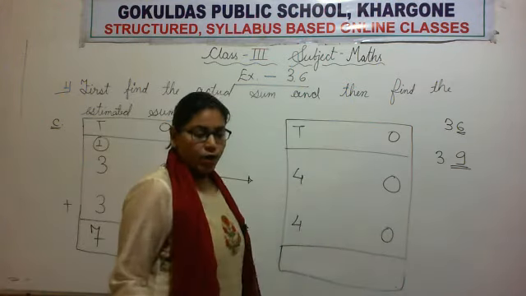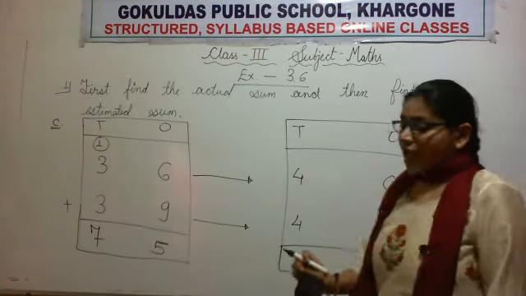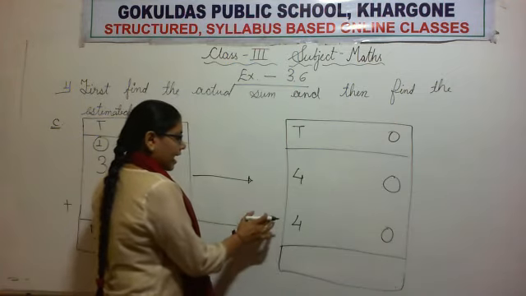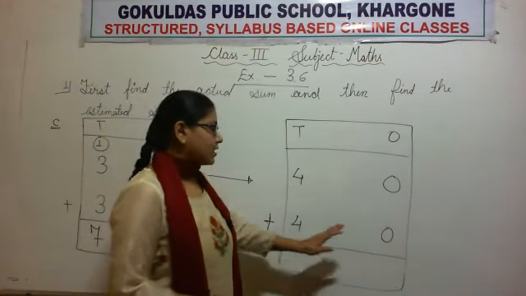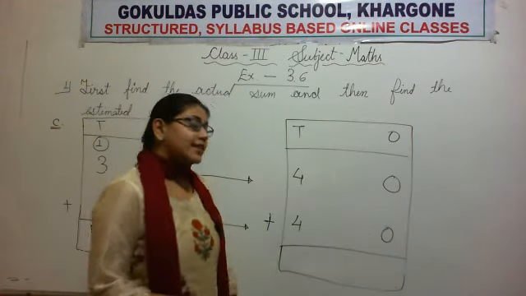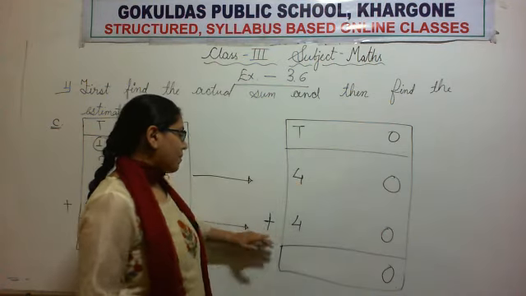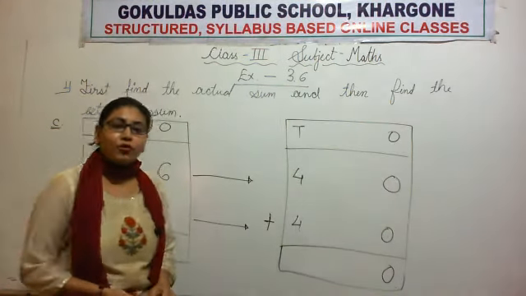Now, we have rounded off both the numbers. Now, we will find out the estimated sum by adding them. 0 plus 0 is 0. So, we will write the number 0. Now, 4 plus 4. All of you open 4 fingers.